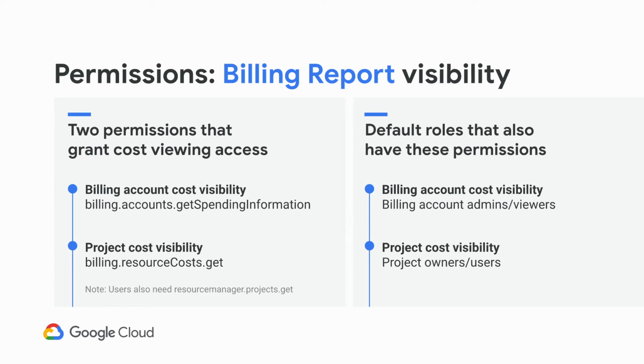So there's a couple roles that just automatically get this. Anyone who's a billing account admin or a billing account viewer can view all costs under the billing account. Billing accounts cover many, many projects in most cases. So that means they can see all project costs that roll up to the same billing account. And by default, all project owners and users get the right to see their own costs.